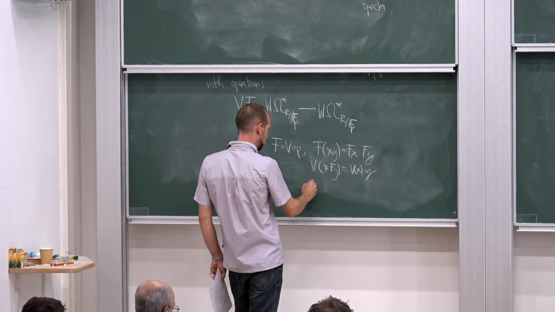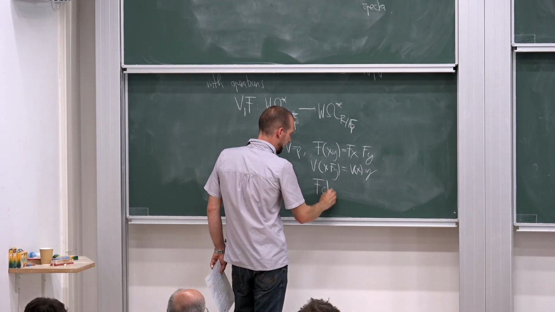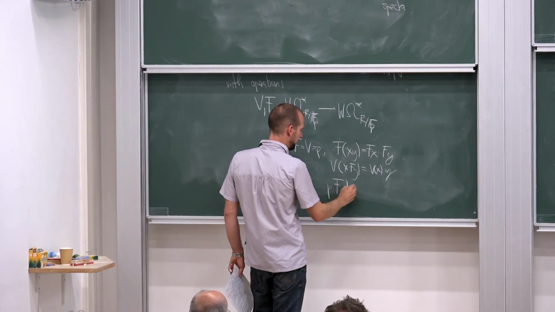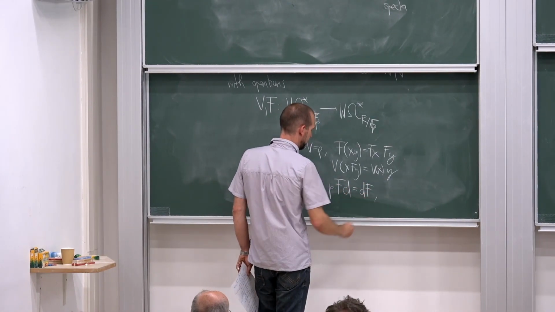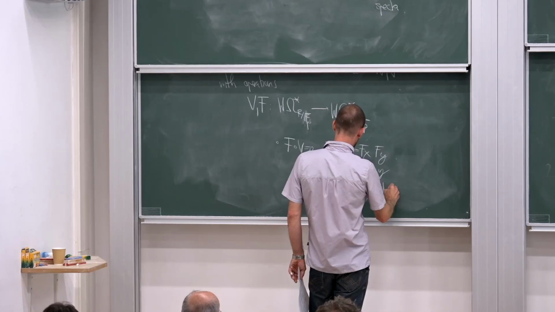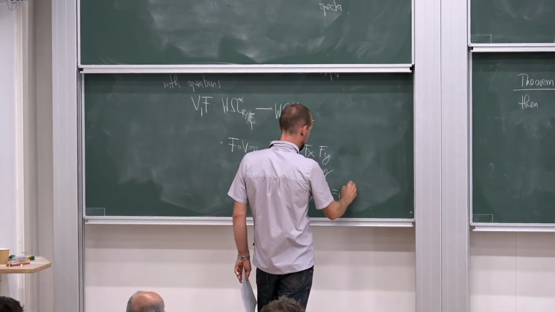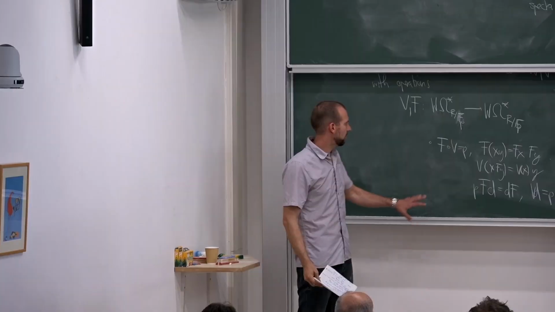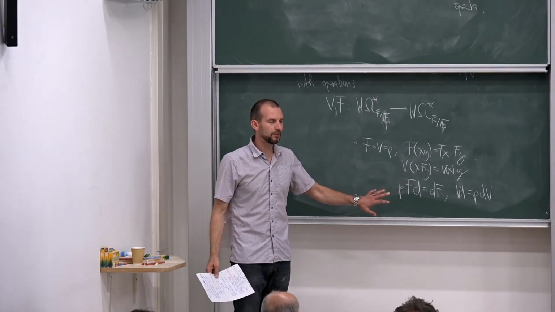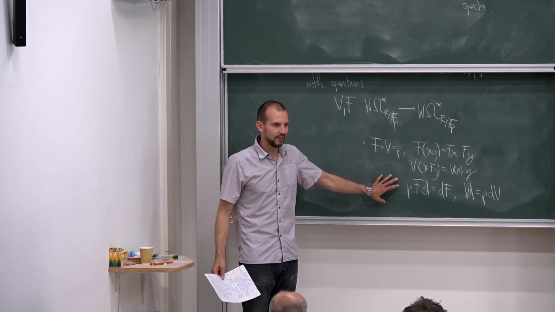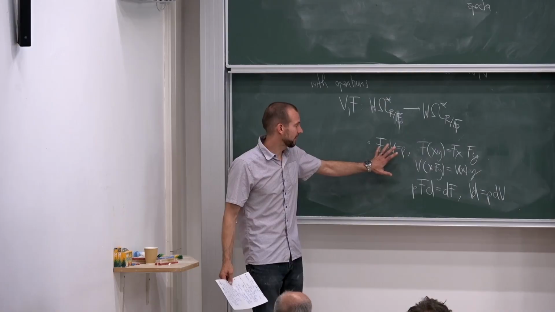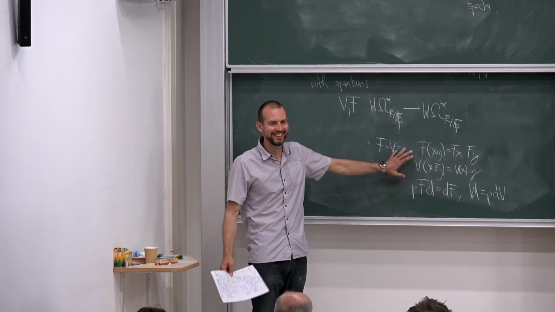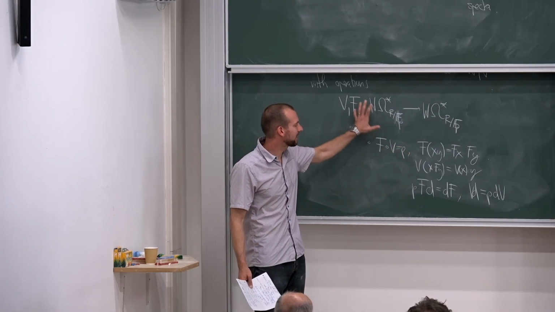And then you have relations of the sort FdV equals d, and finally VdF equals p dV. I'm not going to explain why one wants such relations. These are relations I just want, and then I can just make it happen.